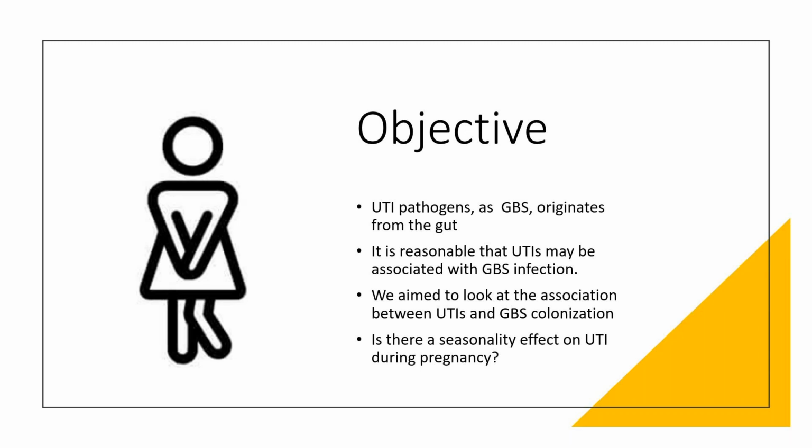So if we are able to identify women at higher risk for positive GBS, then maybe we can limit the screening and maybe limit the prescription of antibiotics. So it's reasonable that UTI may be associated with GBS infection because they may originate from the same origin. And again, if there's an ascending infection, it may be either to the uterus or maybe to the urethra.